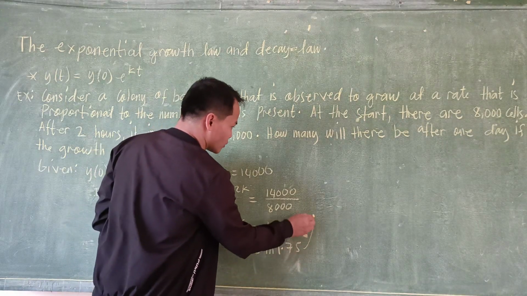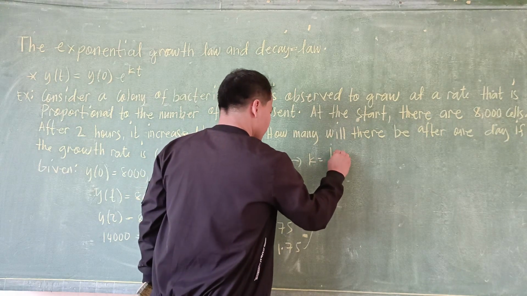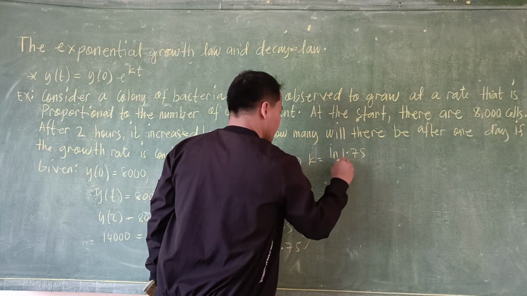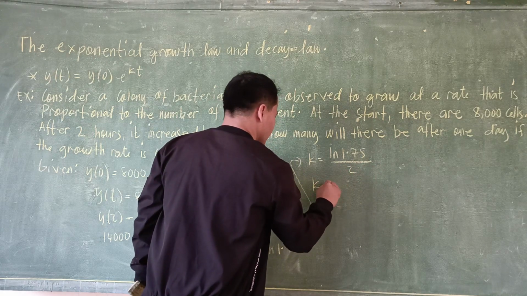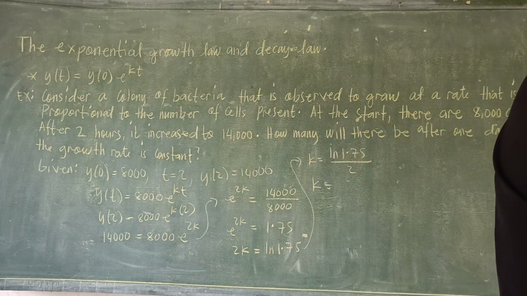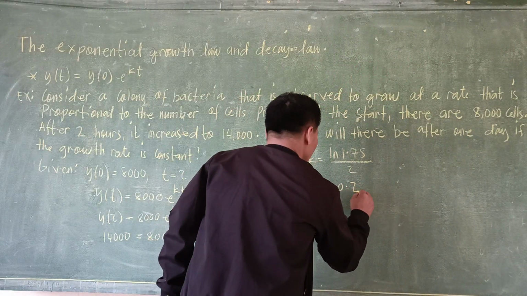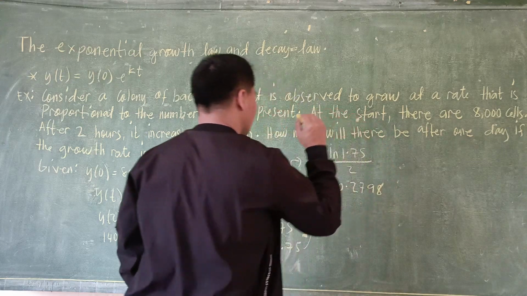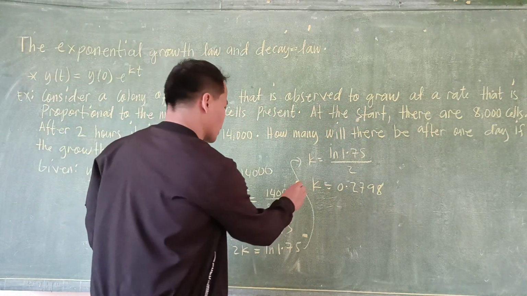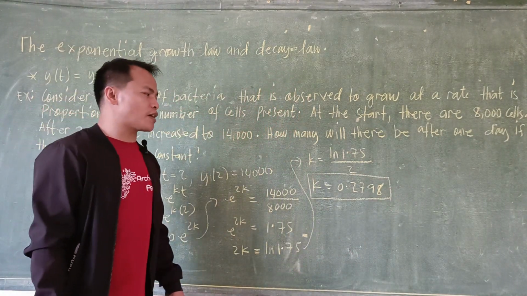Then divide both sides by 2, so k is equal to ln of 1.75 divided by 2. Using my scientific calculator, ln of 1.75 divided by 2 is 0.2798. So we now have the value of our constant, k equal to 0.2798.